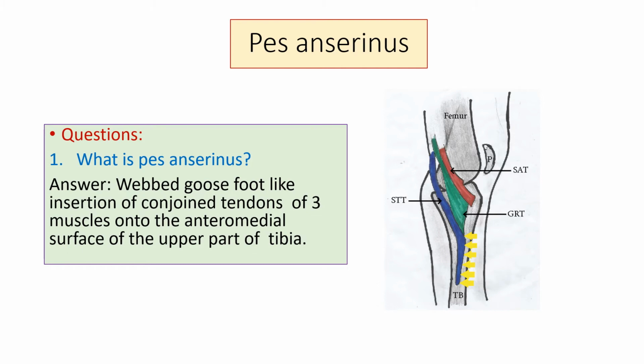So it is the goose foot-like appearance of insertion of conjoined tendons, the 3 tendons of the muscles, the sartorius, the gracilis and semitendinosus onto the anteromedial surface of upper part of tibia. So the pattern of insertion is called the pes anserinus.